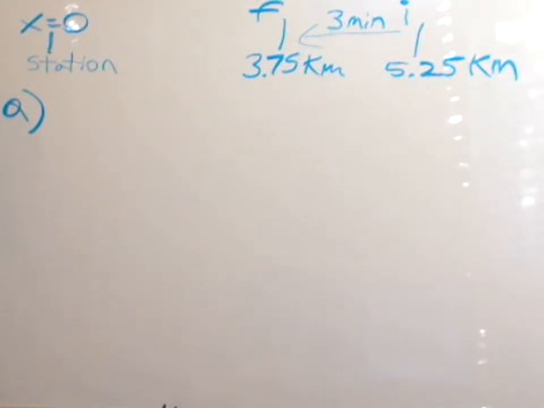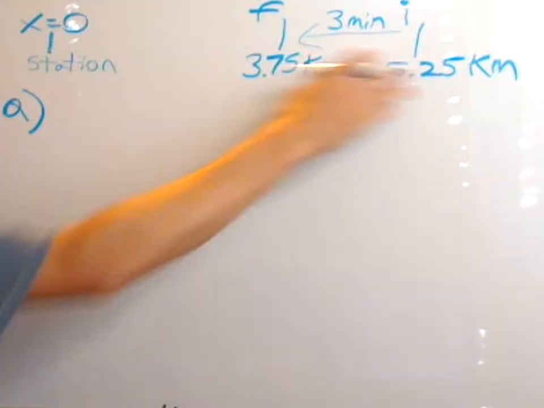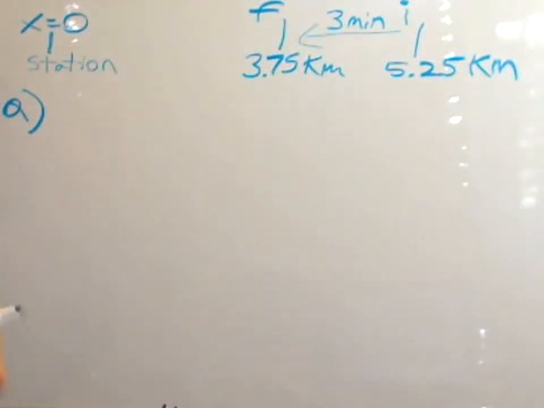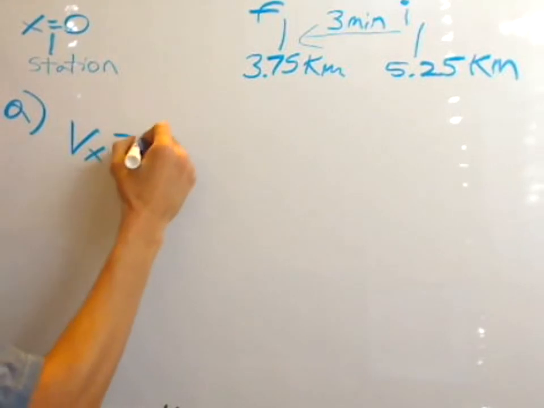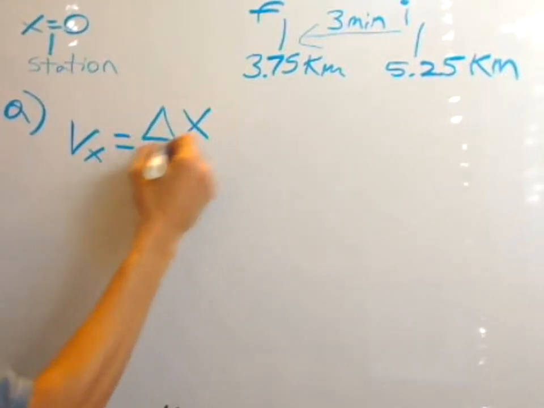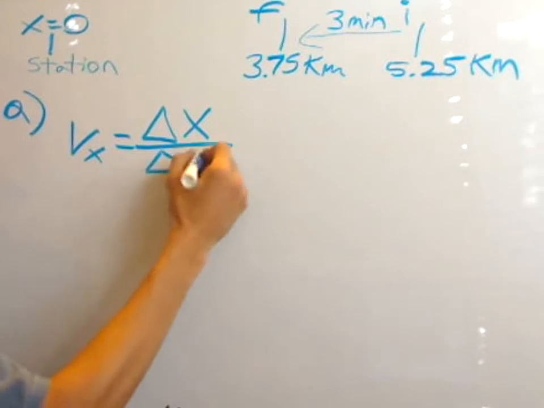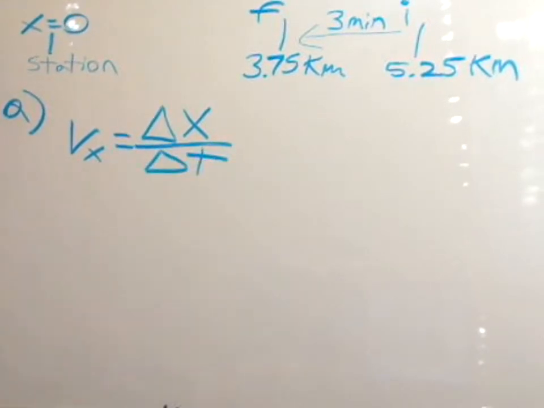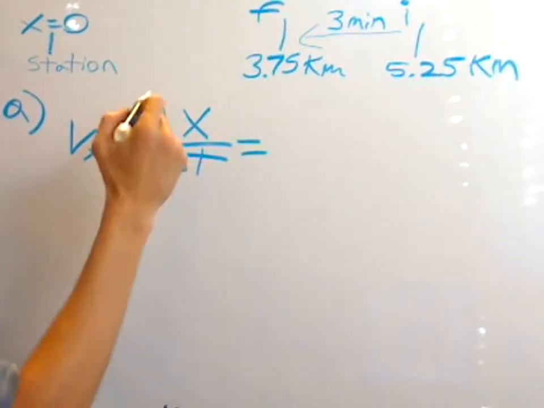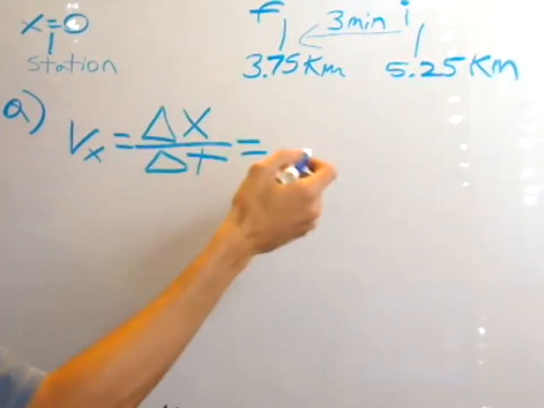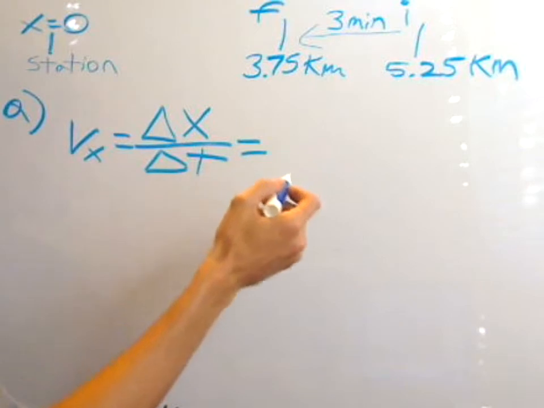So the first part of the problem then, we're asked to calculate what was the speed of the train over this stretch, or at least what was the velocity of the train. So if we want to calculate the velocity, it is defined as the displacement divided by the elapsed time. And the displacement is the final position minus the initial position.